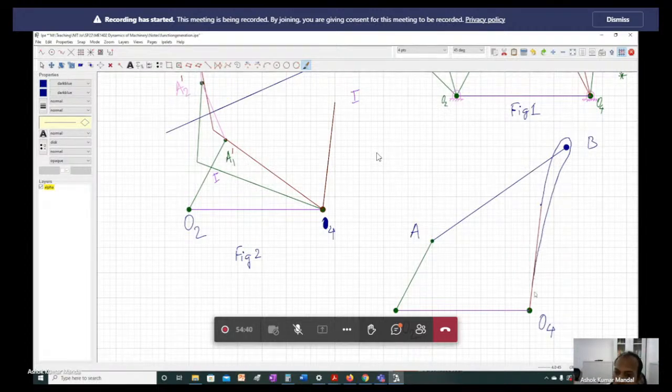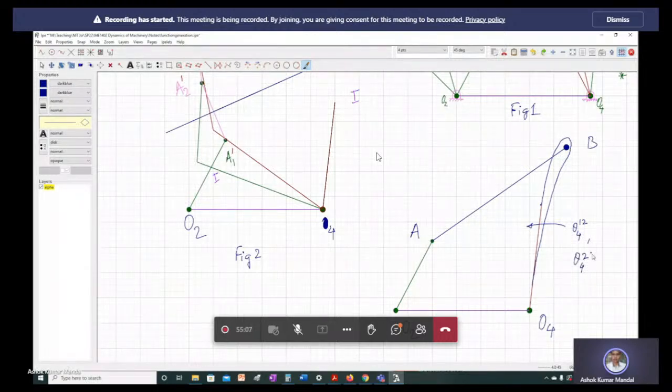All right. Now you see any line, this line you take on the follower, it will give you that coordinated motion. In this direction, the coordinated motions are theta 4 from 1 to 2, and then theta 4 from 2 to 3.